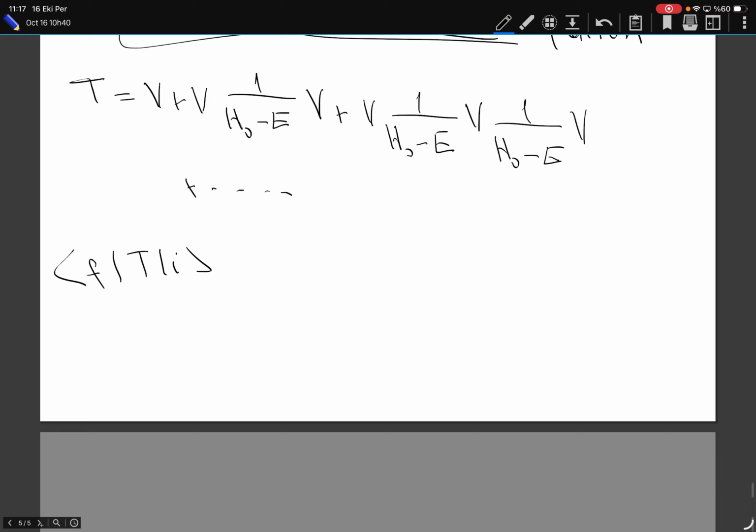Initially, you have two electrons with some momentum, and then finally, you see two electrons with different momentum. What is the amplitude for this transition? That will be determined by this T over here. So this will be our object of interest. How can we calculate these transition amplitudes?